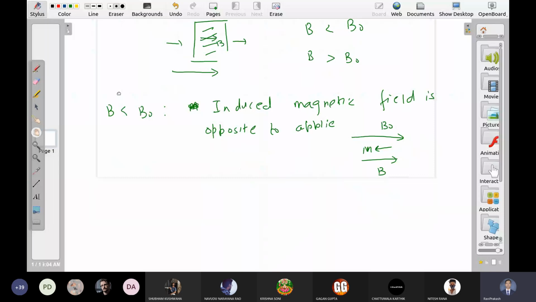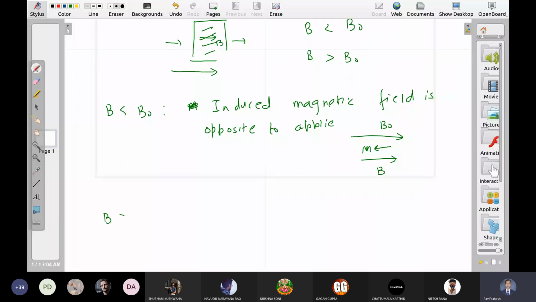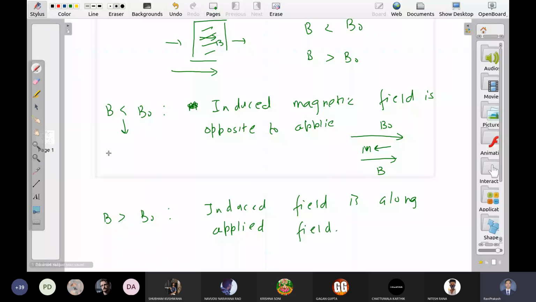If B is greater than B naught, this actually means the induced field is along the applied field. These materials are called diamagnetic.